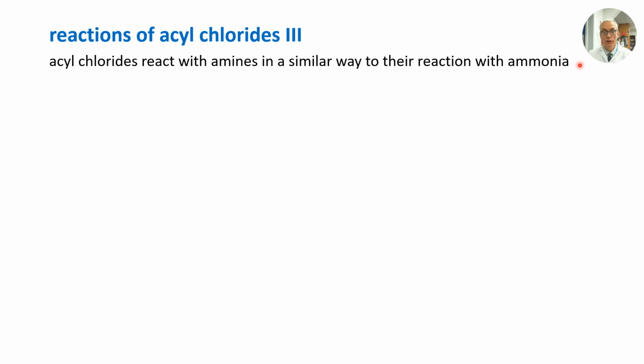So moving on to the reactions of acyl chlorides with amines, we can use the reaction of acyl chlorides with ammonia as our model. So here's propanoyl chloride with a primary amine. Can you predict and draw the structure of the amide product and any other co-product?